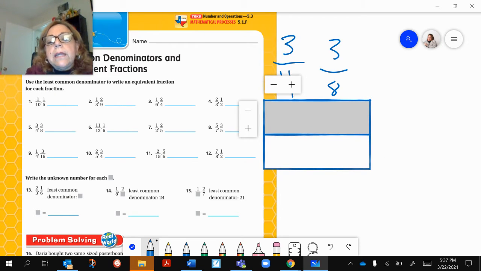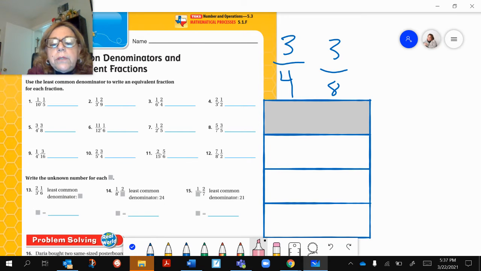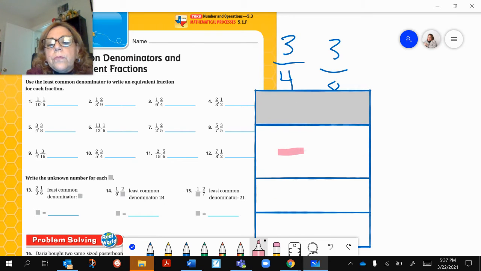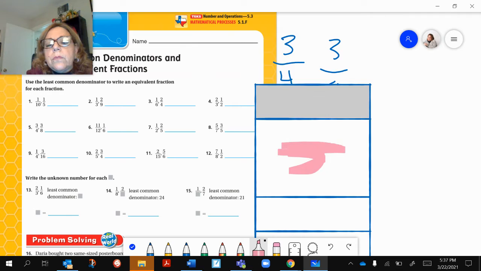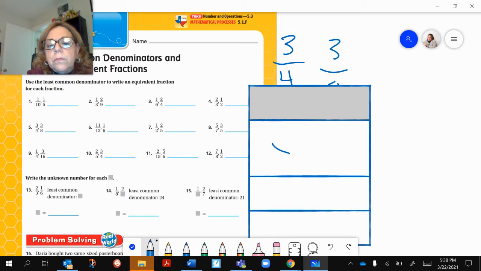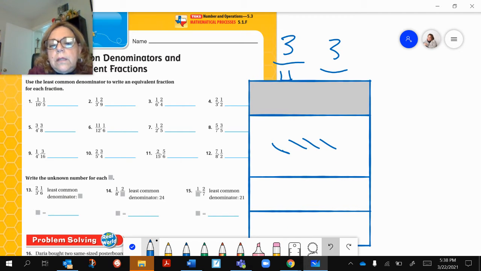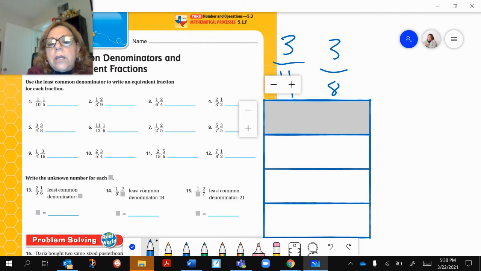Why is it doing that? So if I had it this way, 3/4, I'm shading in. Oh, what could we do to try to do it where it just has a line? Is that possible? It's not going to let me shade that part, is it?